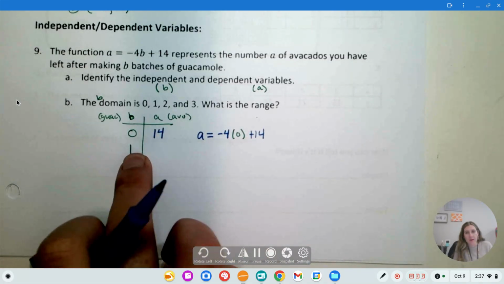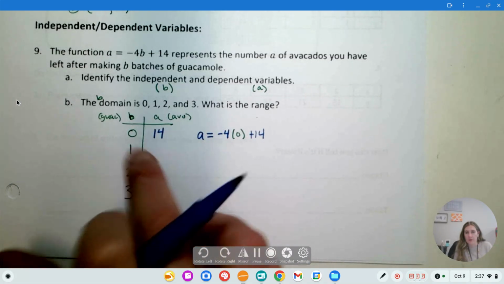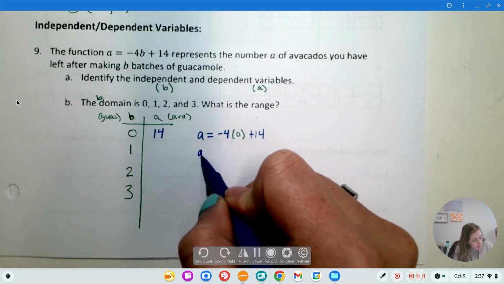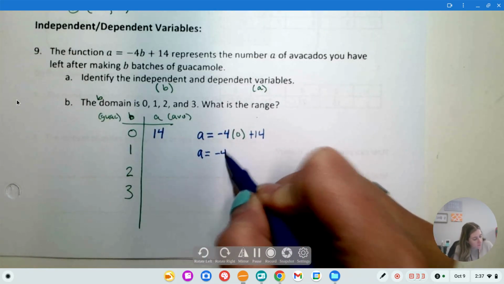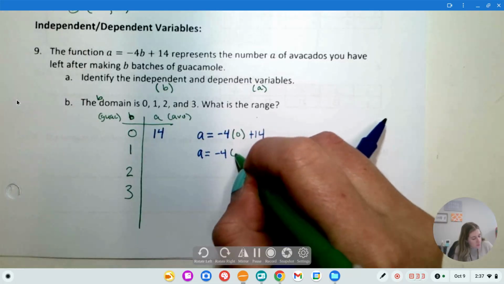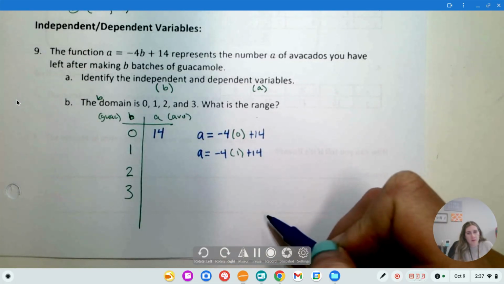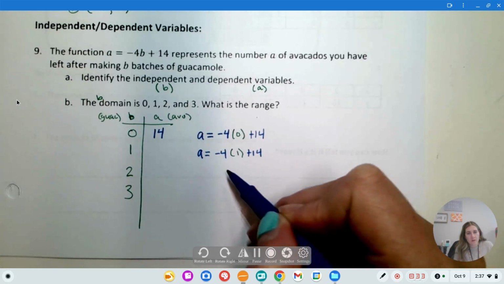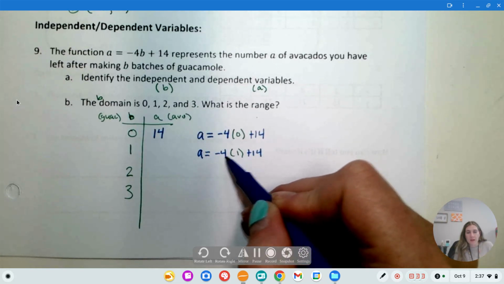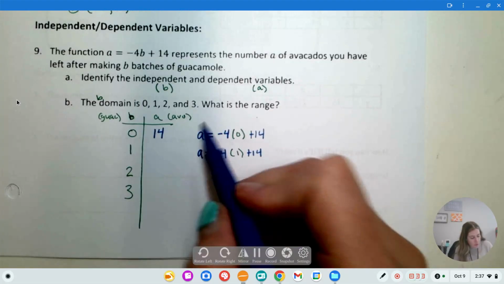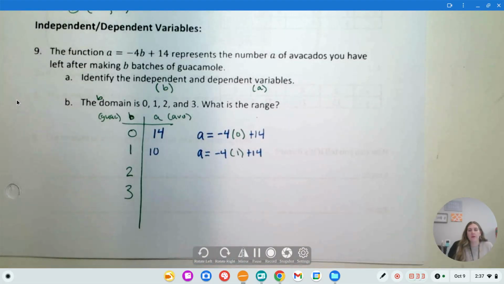Okay, same thing. Now what if I make 1 batch of guacamole? How many avocados are left? So avocados equals -4 times 1 batch plus 14. So -4 times 1, that's -4 plus 14. I've got 10 avocados left.